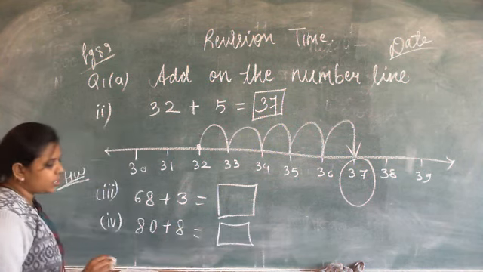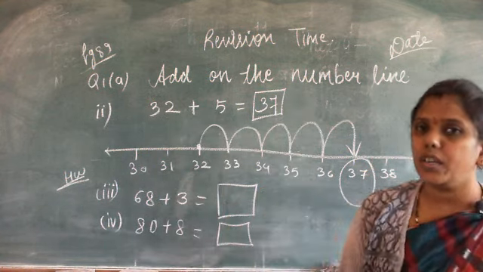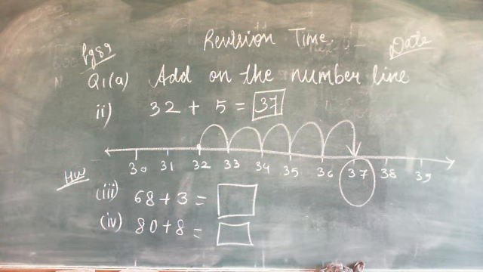So these two questions are homework question and you have to do these two questions by drawing a number line. First write these two questions, then we will do the next question, its second part, that is subtract on the number line. Question 1 part B. So fast note down your homework question, question 3rd and question number 4.